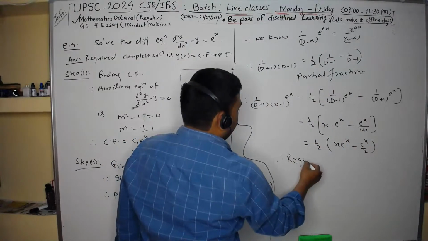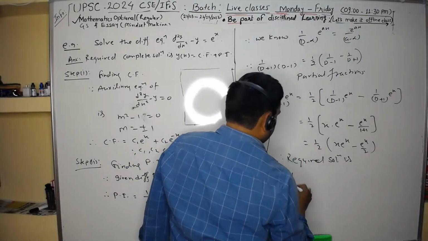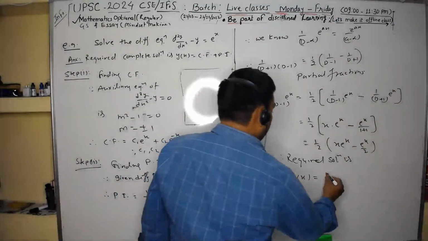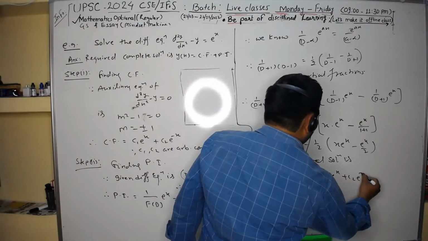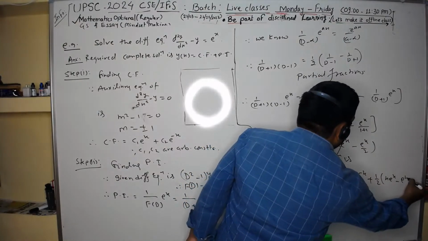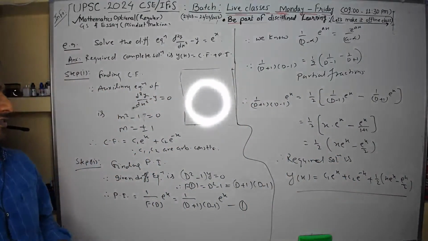So अब लिखेंगे required solution is y of x equals to CF. CF is what? C1 e raised to the power x plus PI. So that is the final answer for us.